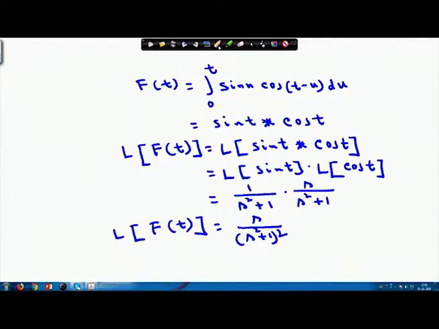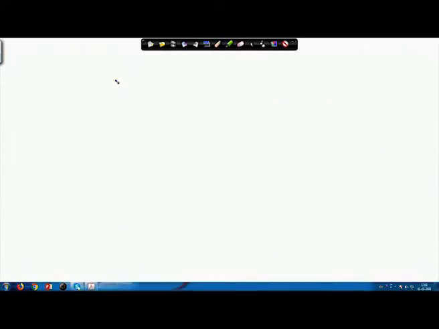So, f(t) equals Laplace inverse of s by (s square plus 1) whole square. In any case, either I have to find the Laplace transform or the inverse Laplace transform.